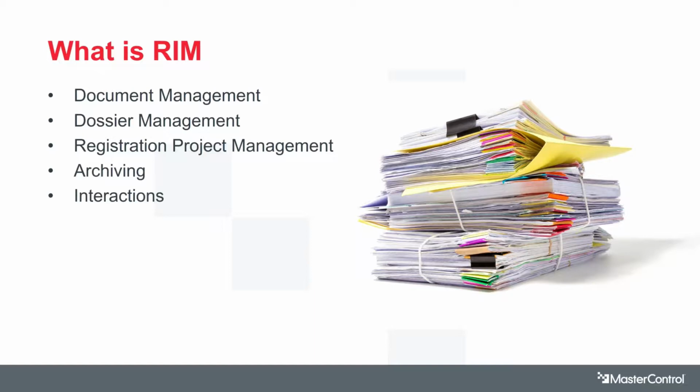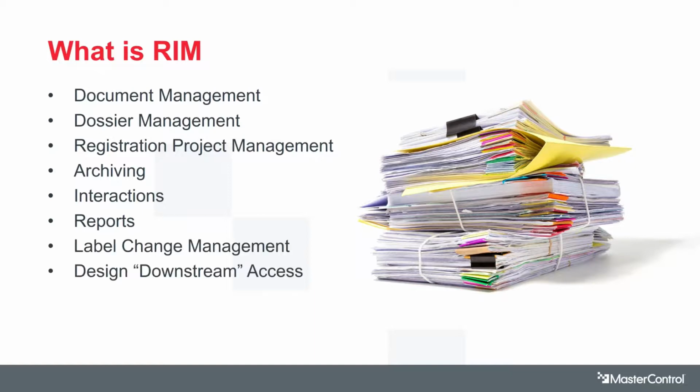Project management, archiving, like I mentioned, interactions is a big one. A thing to highlight is a lot of regulatory information management is managed across multiple enterprise solutions, your ERP, your CRM, your QMS, just disparate pieces of content and reporting and things that we need in real time, but they're in disparate solutions. Label change management, design downstream access, we'll get into that a lot more.